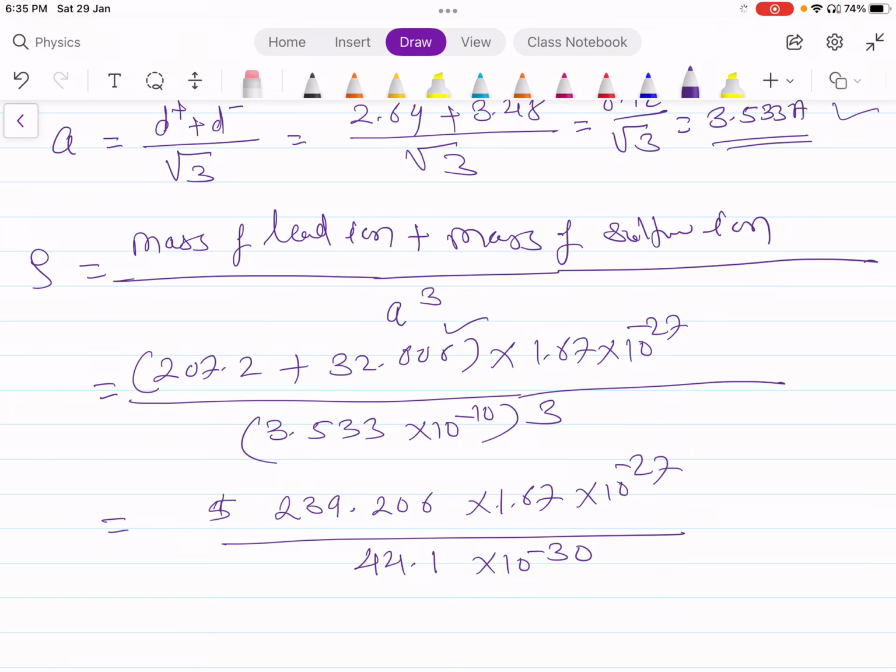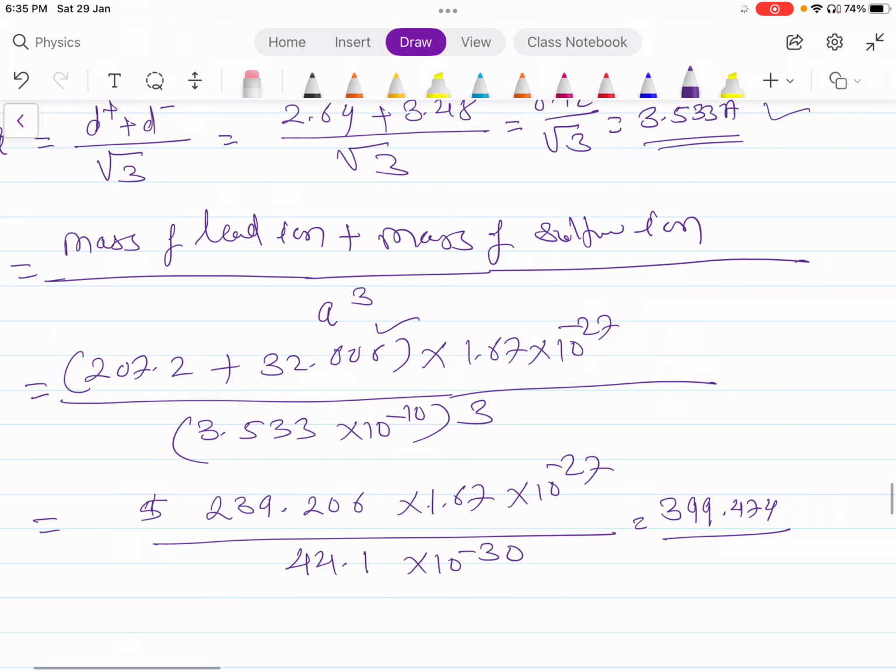Then 239.206 into 1.67 is nothing but 399.474, divided by 44.1 into 10 to the power minus 30.